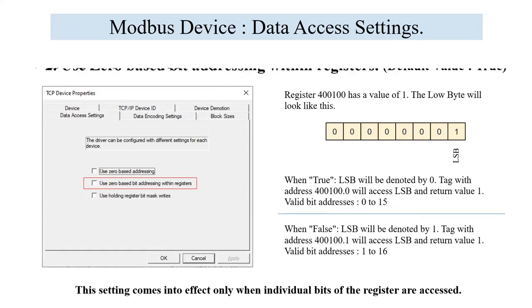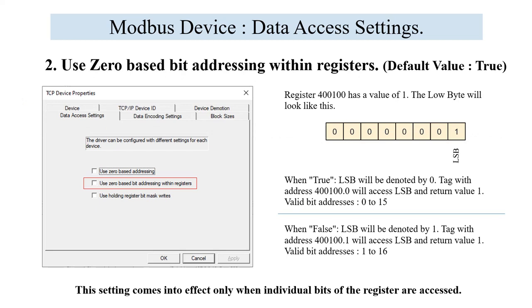This setting is similar to earlier setting but applies for bit addressing of registers. When you are accessing bit status of a register, bit addresses will run from 0 to 15, 0 being least significant bit and 15 being most significant bit.